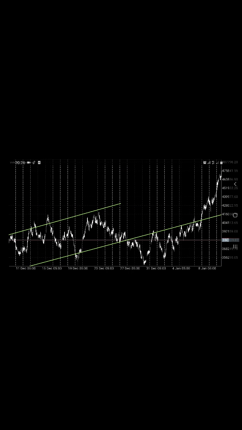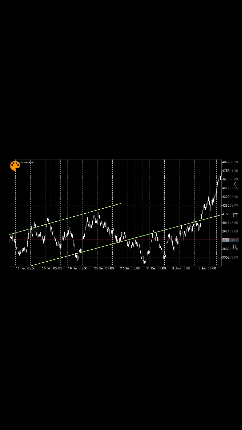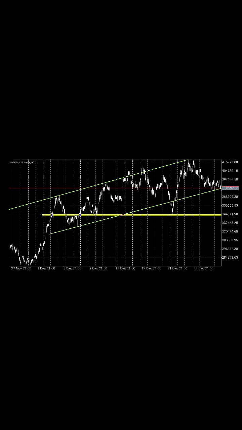So this means that this support and resistance line is actually valid because it was support, then it resists, then it breaks out, and so forth, right? So it confirms that the support and resistance is actually true.